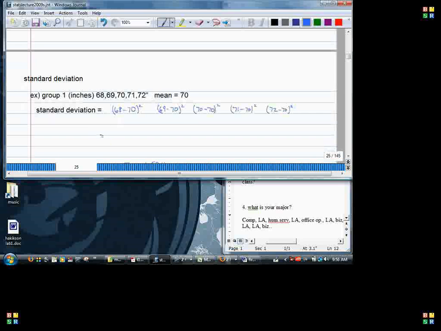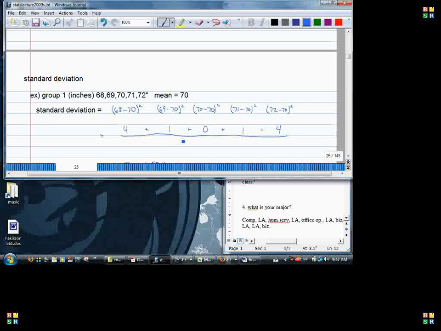So I'm going to go back and fill in some details. Notice that the first one is negative 2 squared, that's 4. Next one is negative 1 squared, that's 1. That's 0 squared, that's 0. 1 squared is 1, and 2 squared is 4. So I take all those numbers and I add them up.